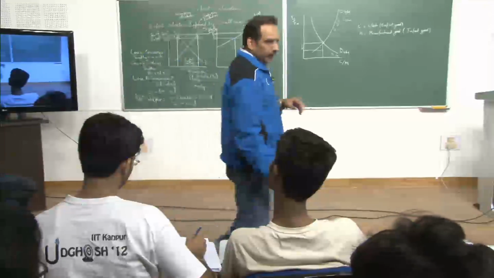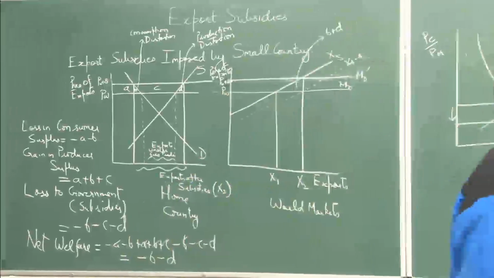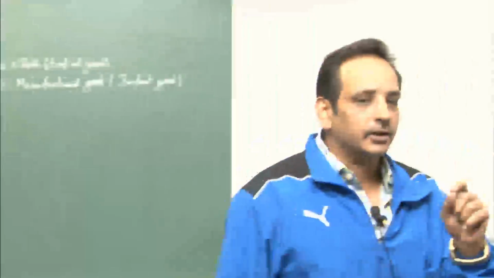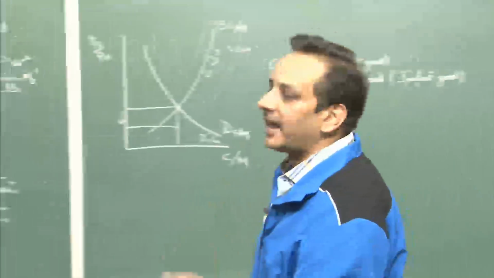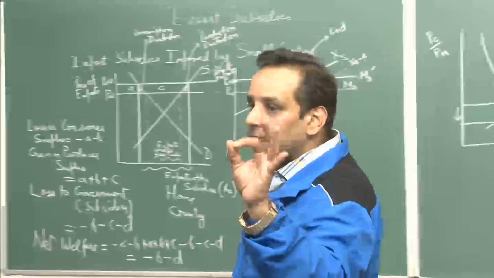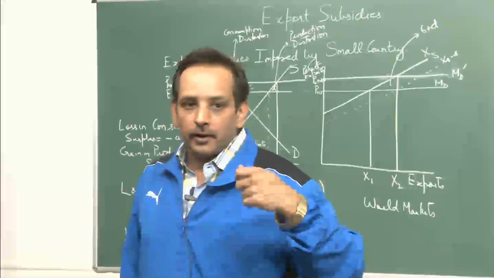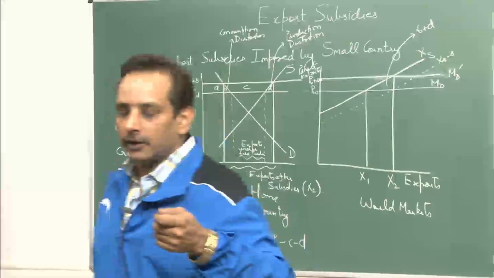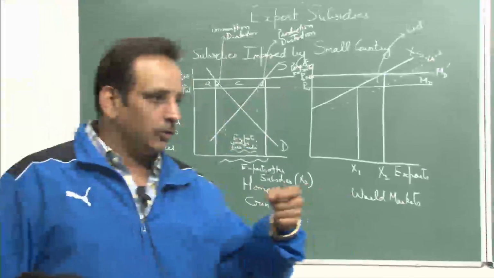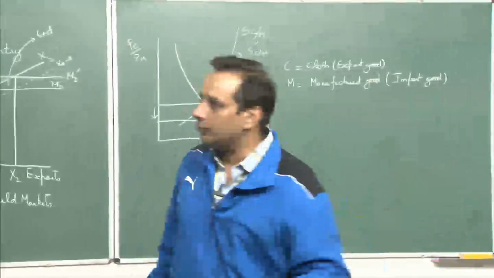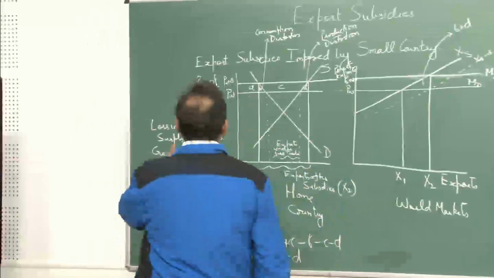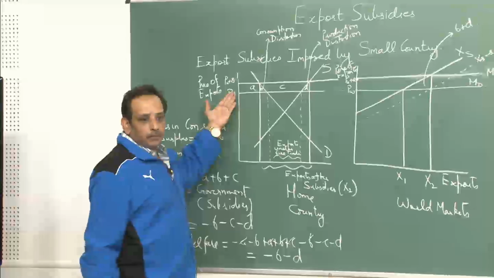And generally, as we discussed the other day, when some students also asked, when export subsidies are given, at the same time governments impose tariffs on the export good, because if you are giving subsidies to a product, it is always possible that the consumers can import the product at PW.